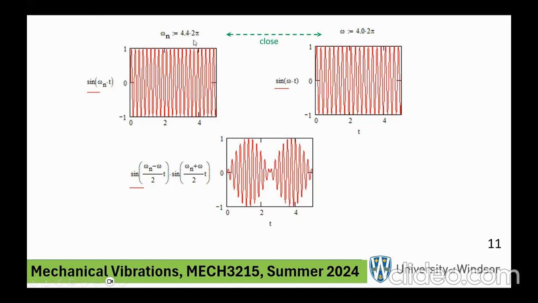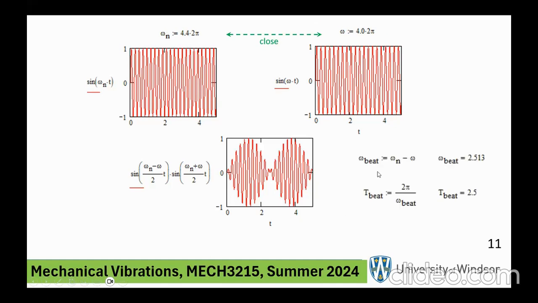Omega n and omega, the driving frequency, are close to each other. The response is going to behave as a beating phenomenon. And the beat frequency is just the absolute value of this number minus that number.